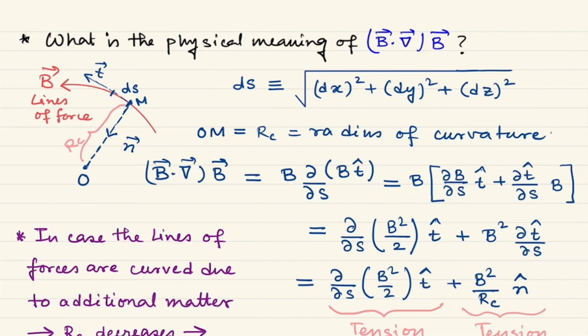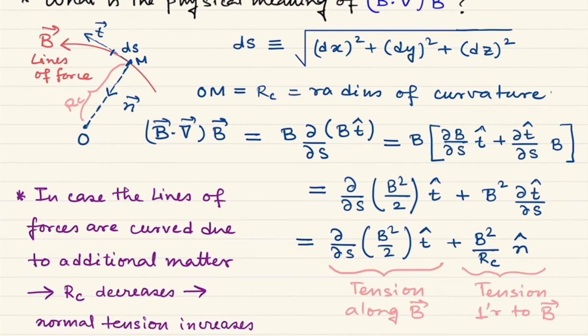In the case where the magnetic lines of force are getting much more curved due to some additional matter or some increase in the magnetic field intensity, and when it is getting curved, let's say like this, then its radius of curvature decreases. So the radius of curvature now decreases. This is now RC prime. When the radius of curvature decreases, this term increases.